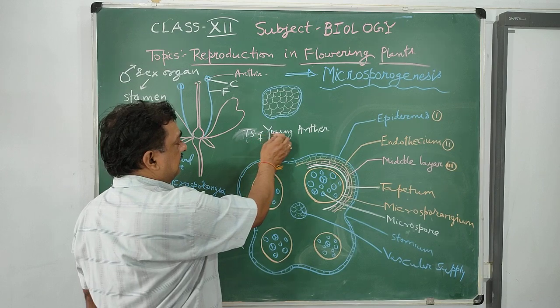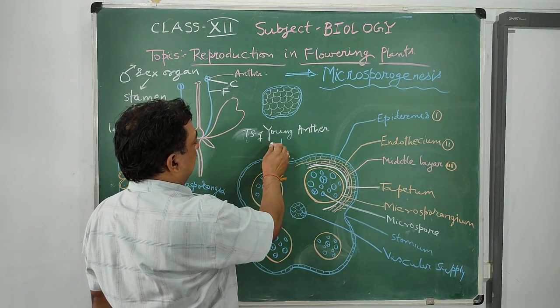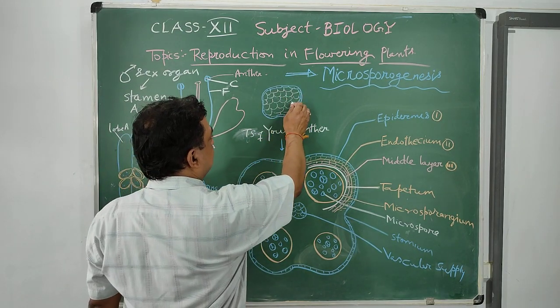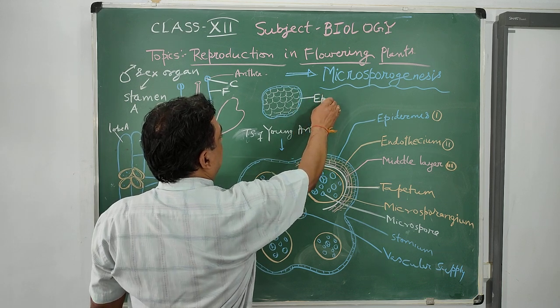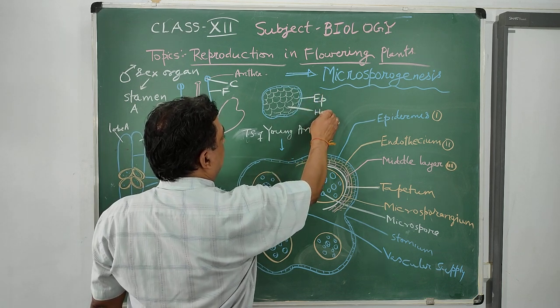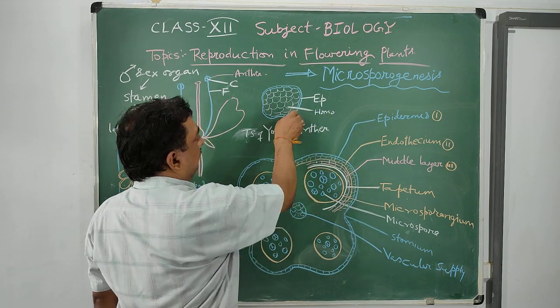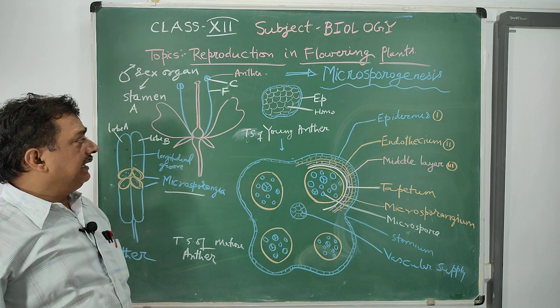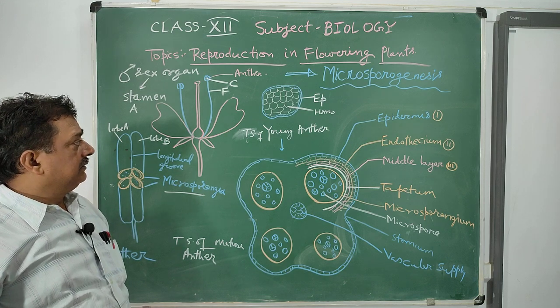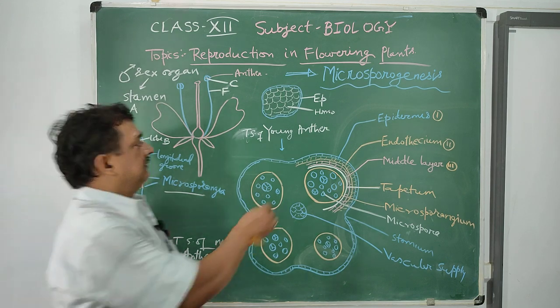TS of young anther shows homogeneous cells, and they are surrounded by epidermis. Young anther cells are compactly arranged and they are similar, so they are called homogeneous cells.